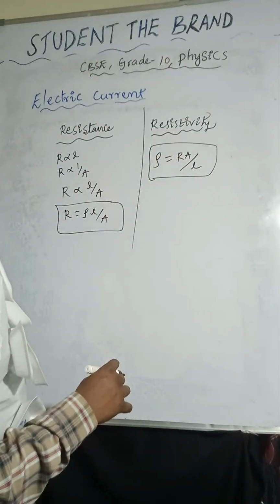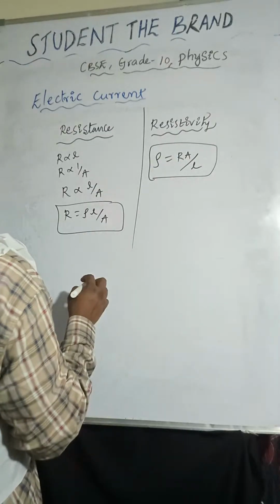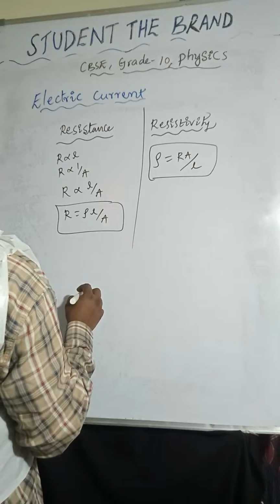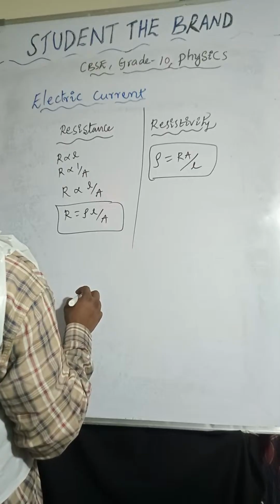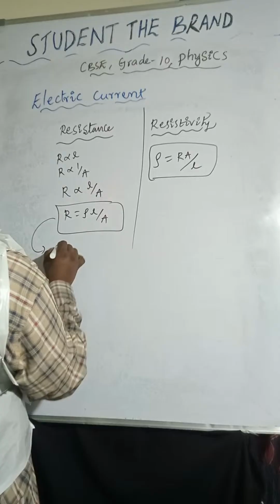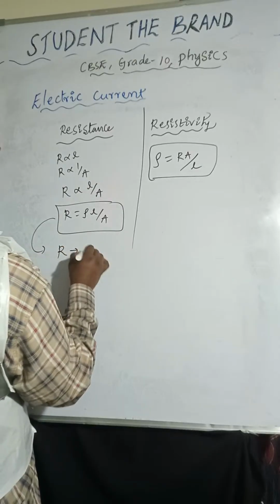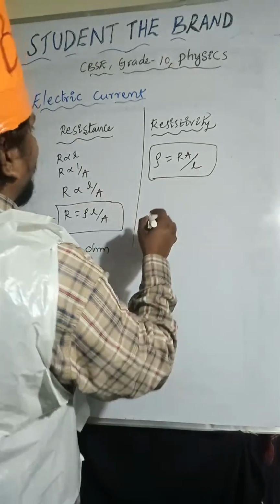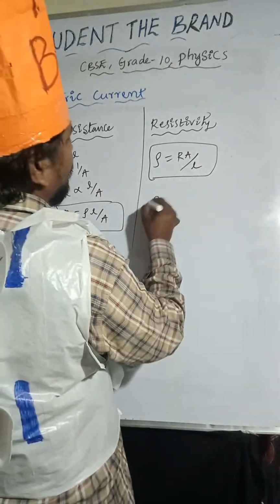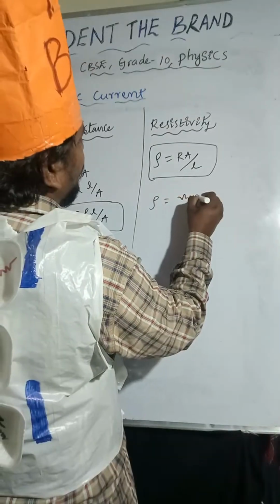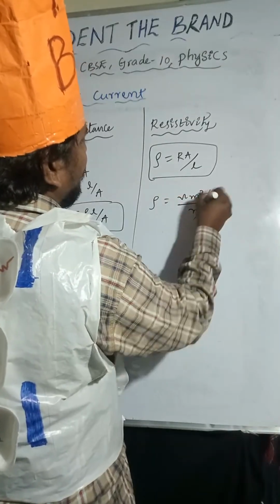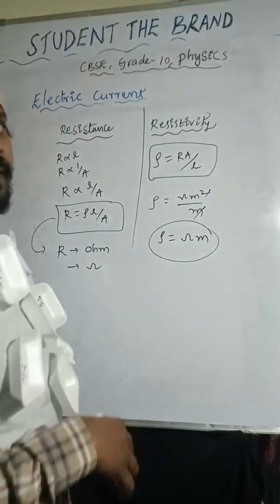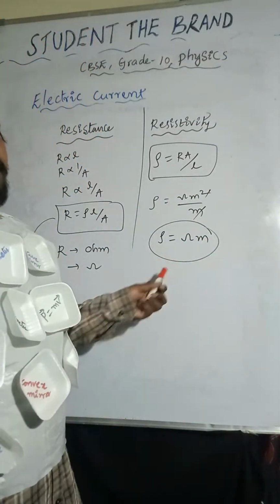So now we can observe here. The SI unit of resistance is ohm. And the SI unit of resistivity is ohm meter square by meter. Meter gets cancelled, then ohm meter. The SI unit of resistivity is very important.